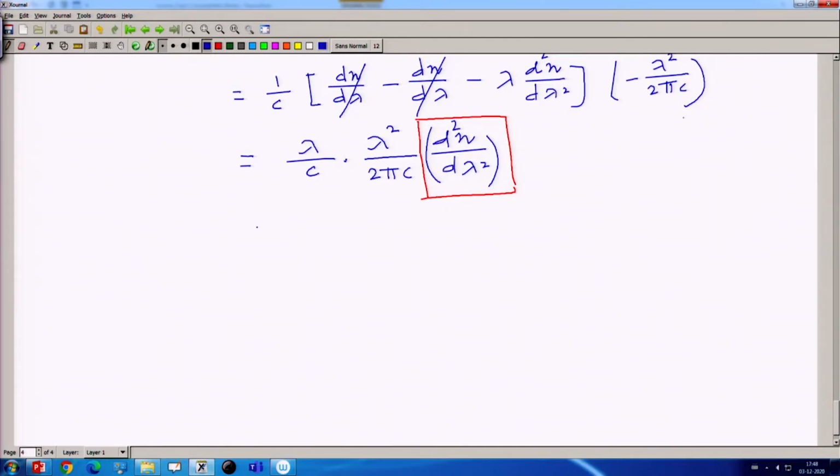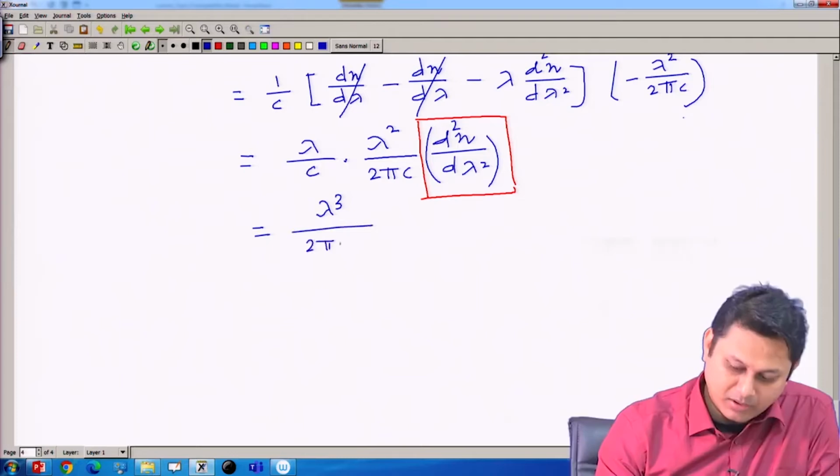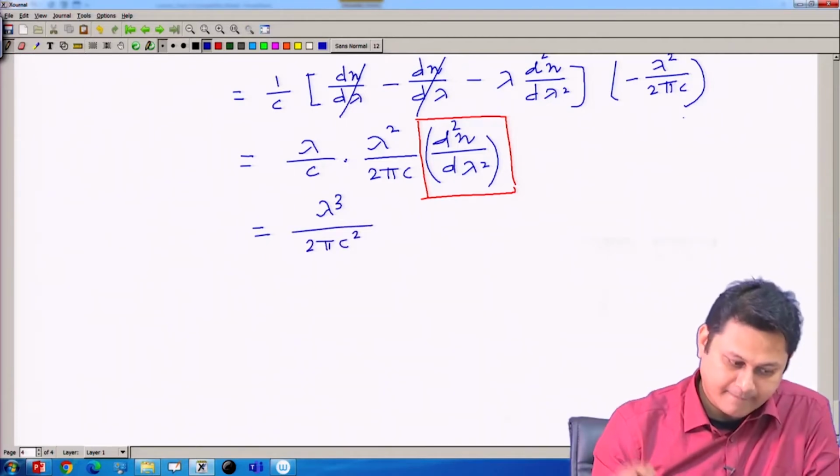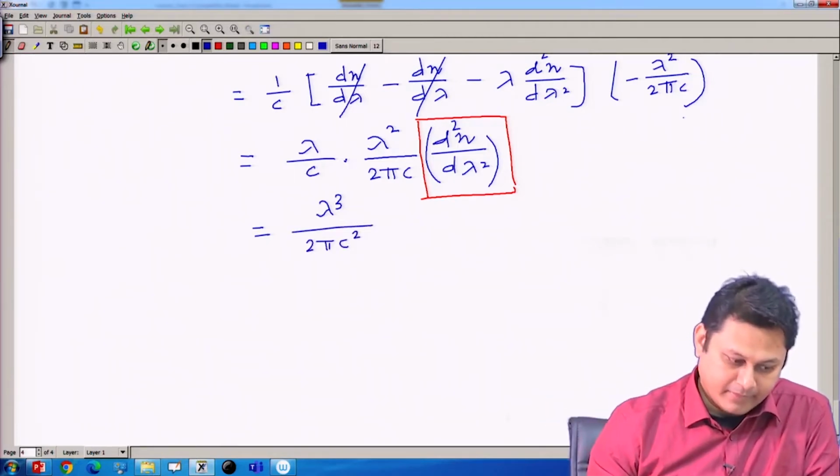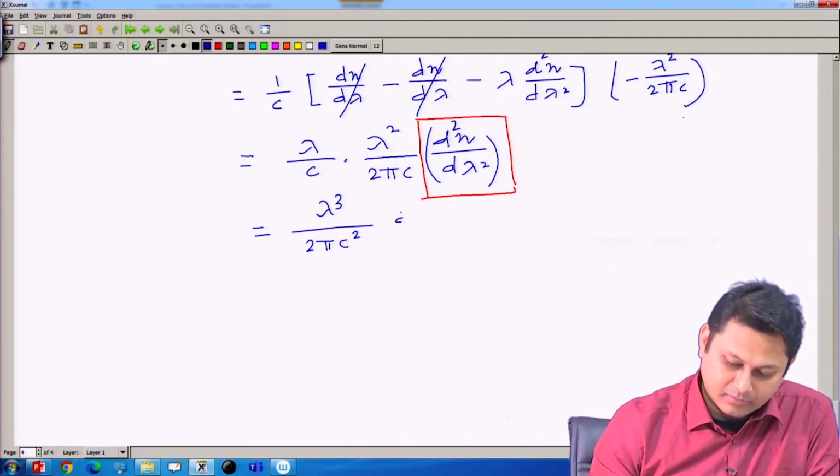So, this is essentially lambda cube divided by 2 pi c square, and then d2n d lambda square.